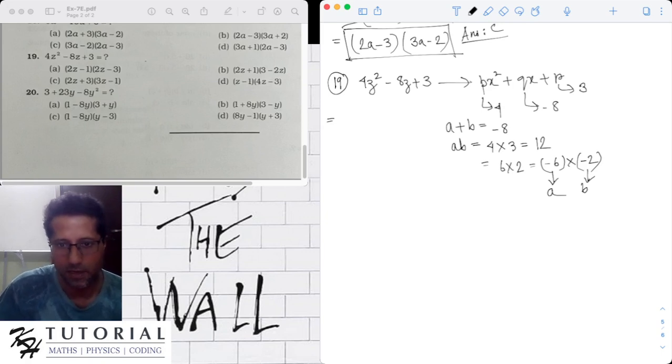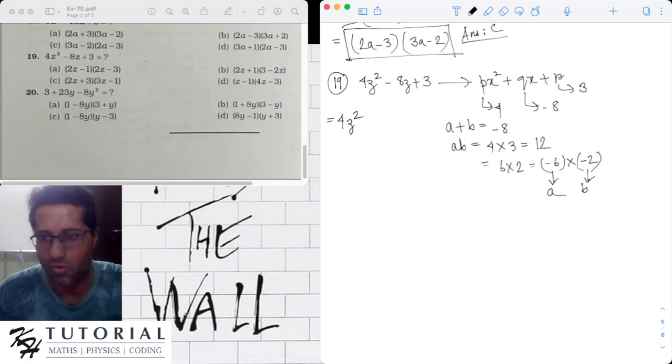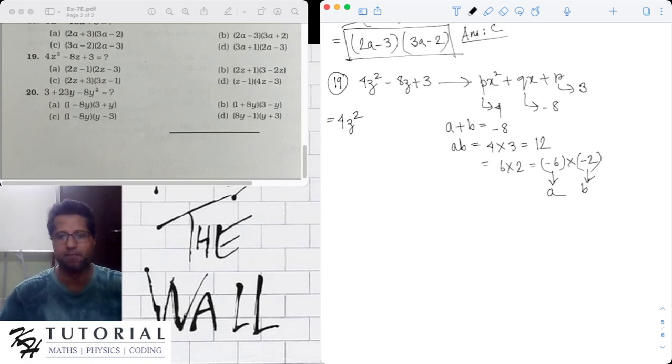okay, so basically once we have found a and b, we will just express q as a plus b. So we can write minus 8z as minus 6 plus 2, z plus 3.